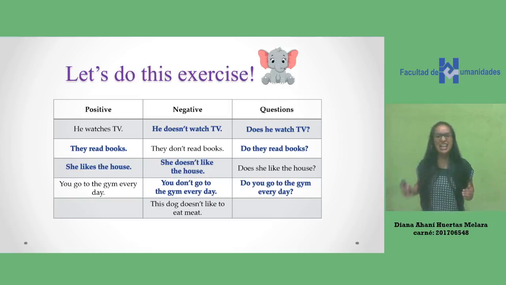Now, let's do the last one. The last one, we have a negative sentence and it says, this dog doesn't like to eat meat. So the positive should be, this dog likes to eat meat. And the question should be, does this dog like to eat meat?